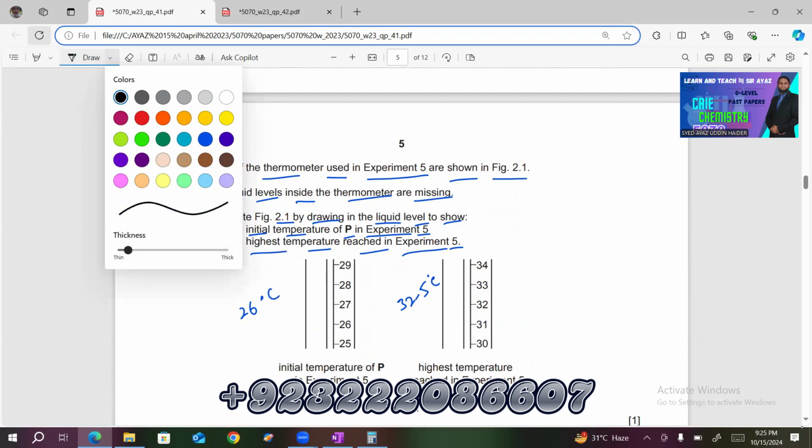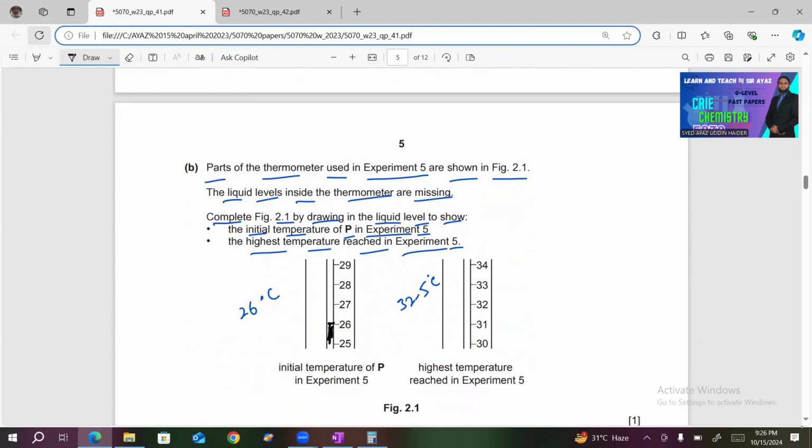So 26, and 32.5 must be here between 32 and 33.